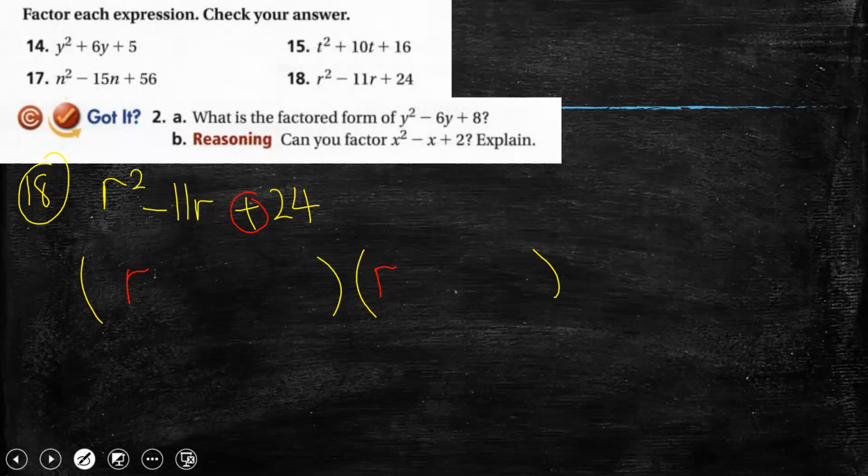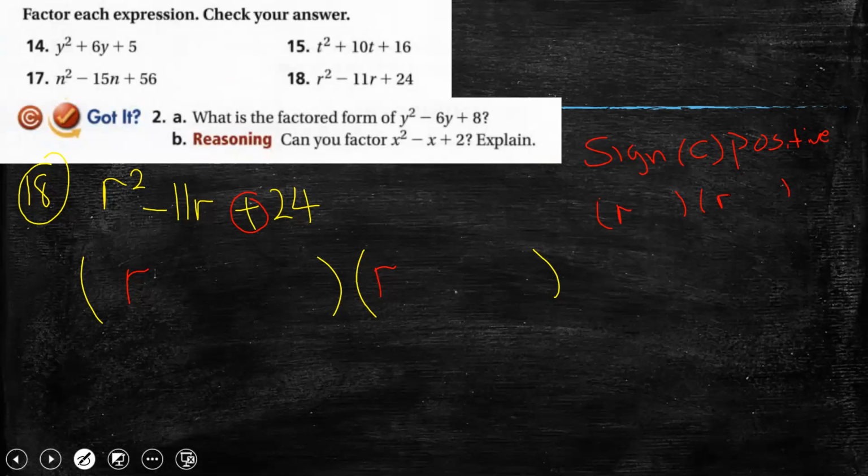If the sign of c is positive, that means the signs in the two brackets are the same.